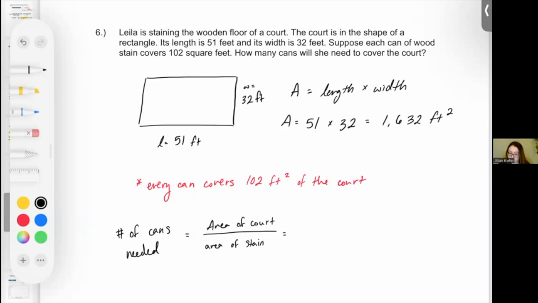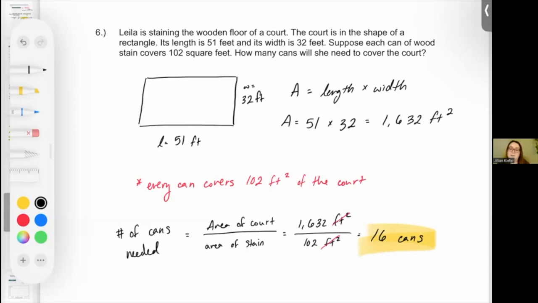The area of the court we said was 1,632 feet squared, and the area of the stain is 102 feet squared. Now in this case, we're just finding a number, so our units are canceling each other out. And we'll divide 1,632 by 102, which gives us the value of 16. So there'll be 16 cans needed to stain the floor of the court.